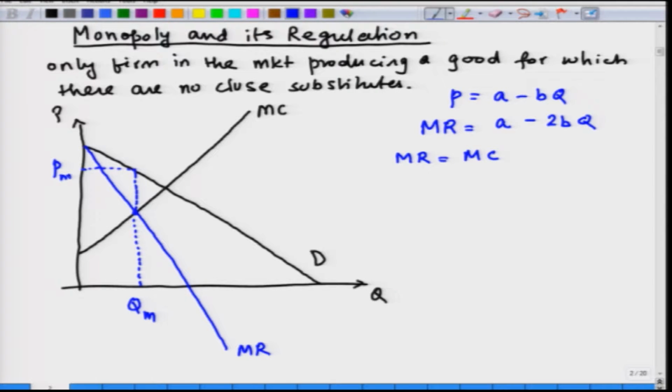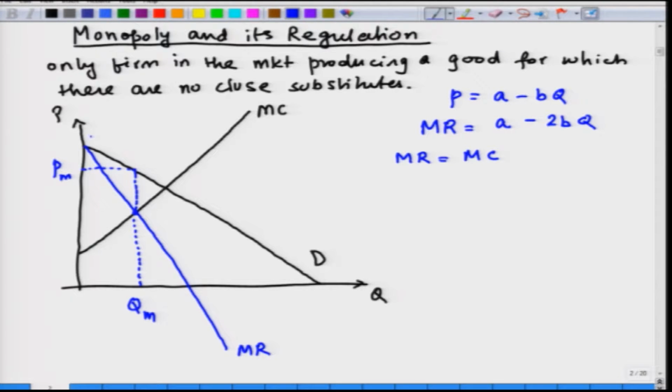So, the pricing decision is to first set its marginal revenue equal to its marginal cost, figure out what quantity it wants to sell, and thereafter find out what is the price at which the monopolist is going to be able to sell those QM units.